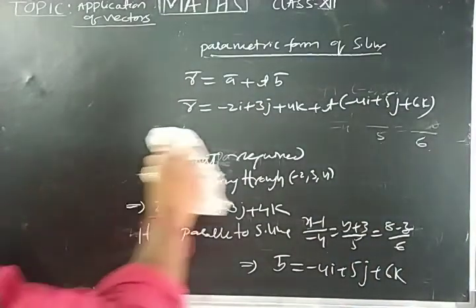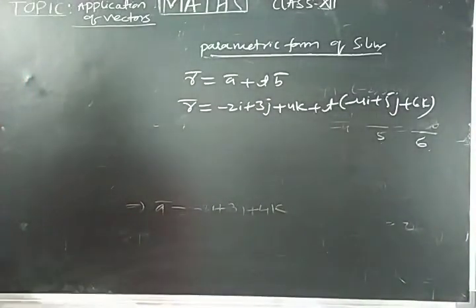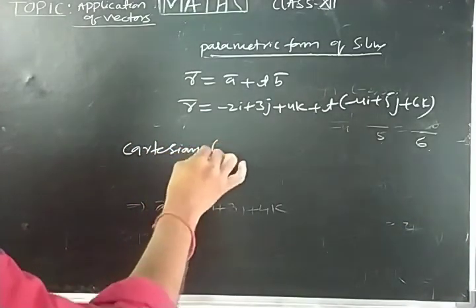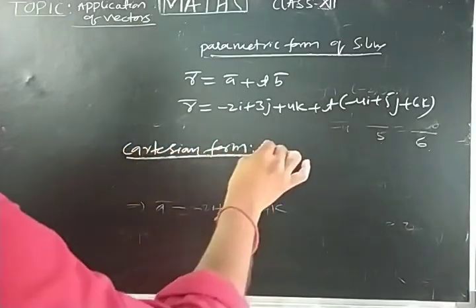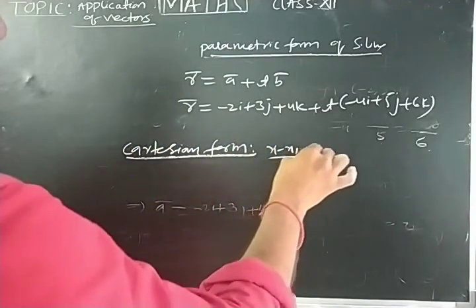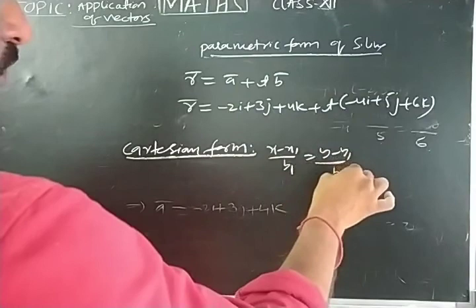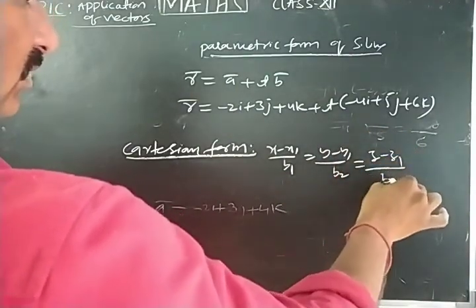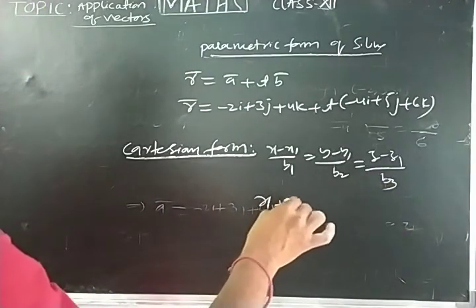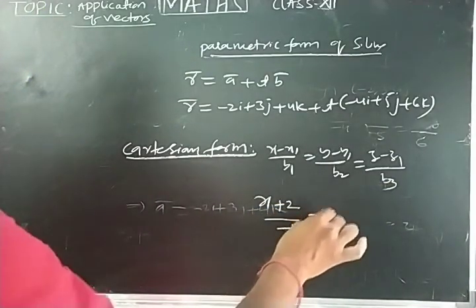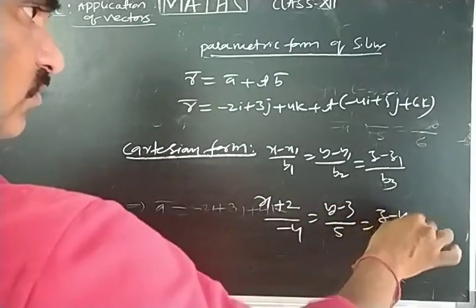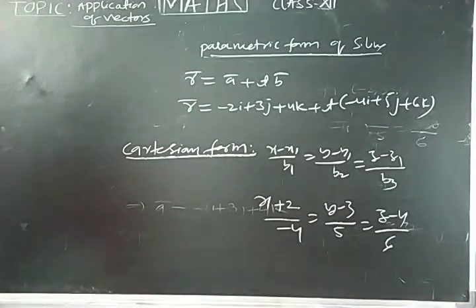Now Cartesian form. Cartesian form is x minus x1 by b1, y minus y1 by b2, z minus z1 by b3. So x plus 2 by minus 4, y minus 3 by 5, z minus 4 by 6 is the Cartesian form. Okay, the remaining problems you can do as homework.